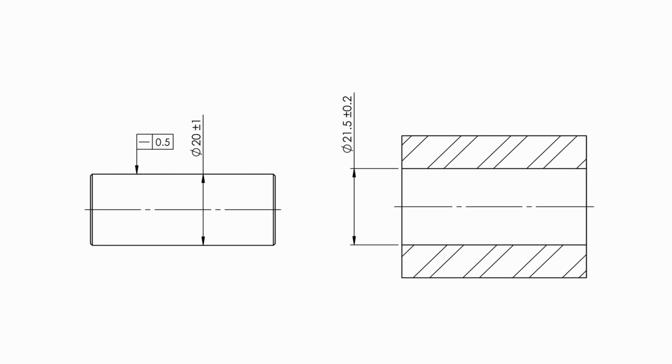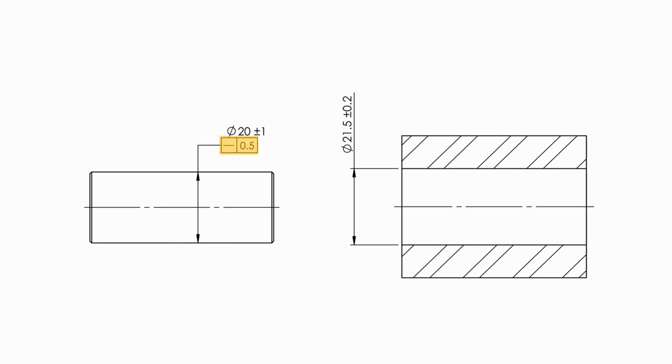But what if we apply the same straightness tolerance to the size dimension of the shaft instead of applying it over the surface? Will the shaft still pass through this hole? So now the situation changes.